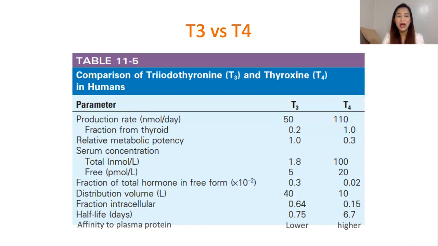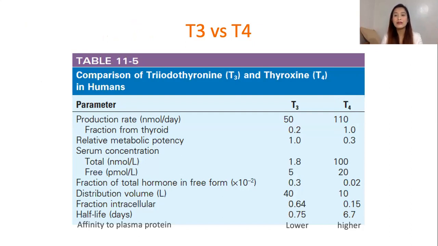So now we compare the difference between T3 and T4. Why do we have to have two kinds of thyroid hormone? In terms of production rate, the majority of the thyroid hormone produced by the thyroid gland is T4. As I told you earlier, 93% of the thyroid hormone produced by the thyroid gland is T4.